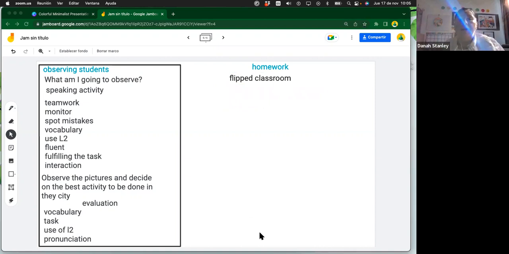Flipped classroom is involving or having activities that were originally thought to be done in the classroom, but students do it at home, or they prepare their material, or they prepare something at home that is going to be used in the classroom.